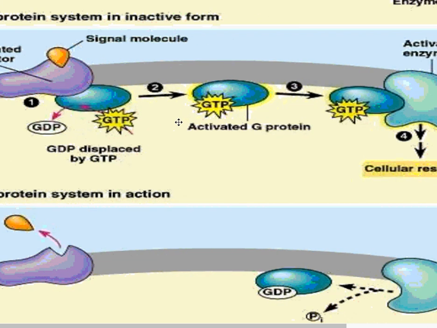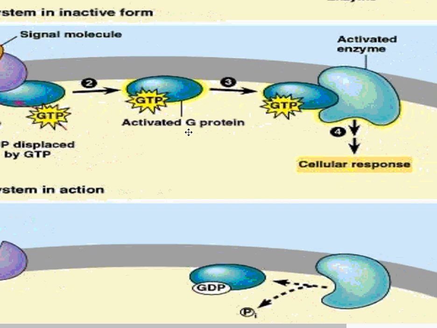It goes and talks to that other enzyme, whatever enzyme that is, and phosphorylates it, which we understand to be just the adding of a phosphate, almost like turning on an on switch. That enzyme is then going to initiate some sort of cellular response or further the transduction pathway, whichever occurs.